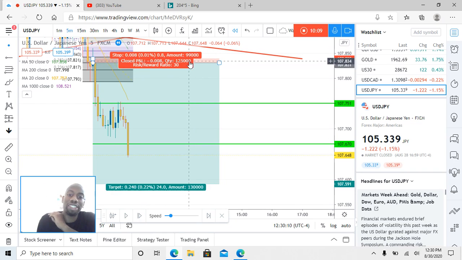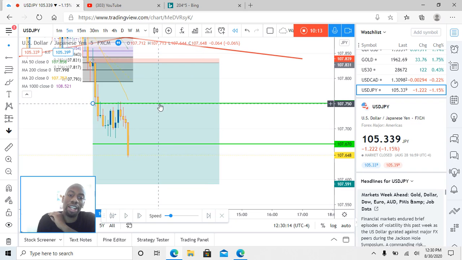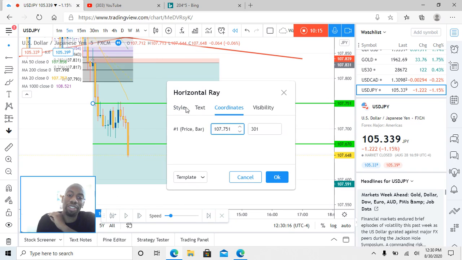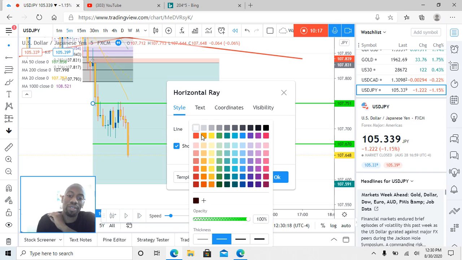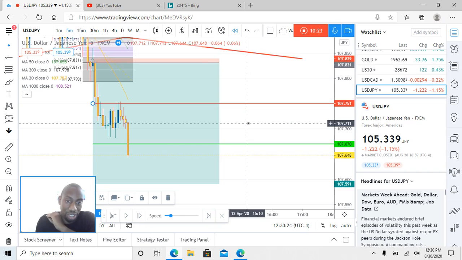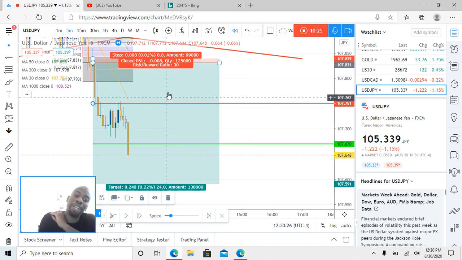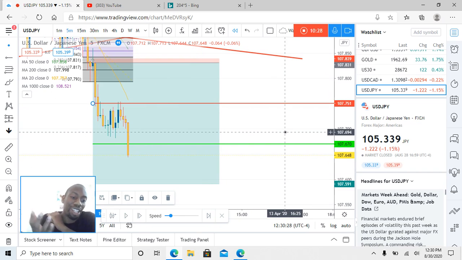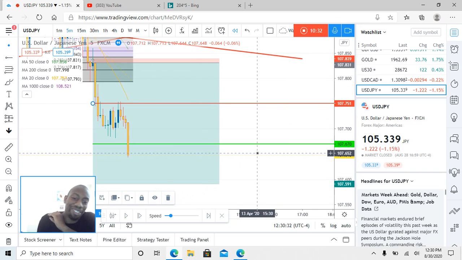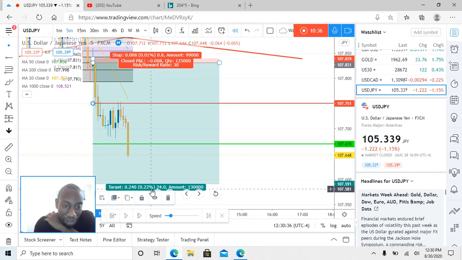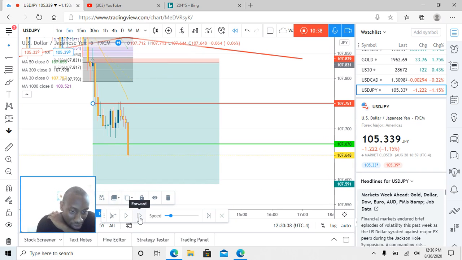So we gotta bring our SL down to this point right here. This is now our SL point. If it comes right back up, we're out with $1,000. It goes back down, we get out with $3,000. Let's get it. We're at the $2,000 mark. So let's see what we get.